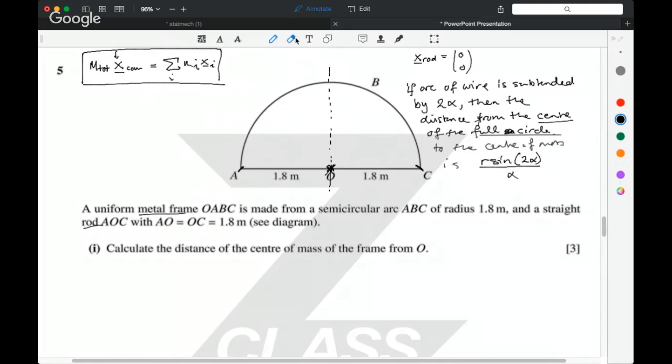Nope, that is not a 2 alpha in there. That's just alpha. Sorry, I get confused.